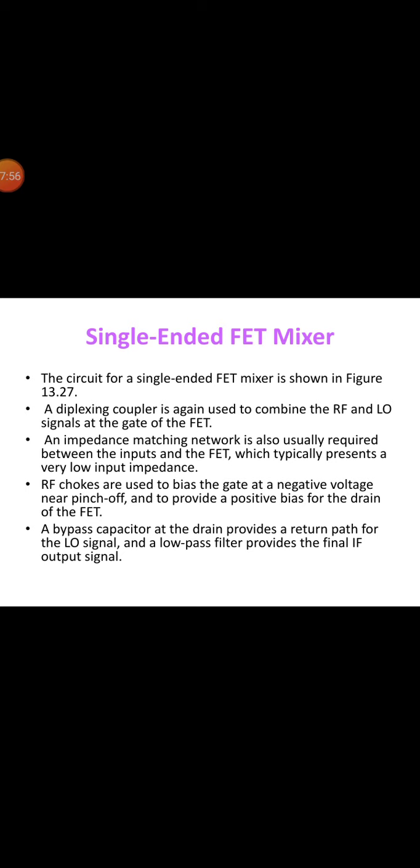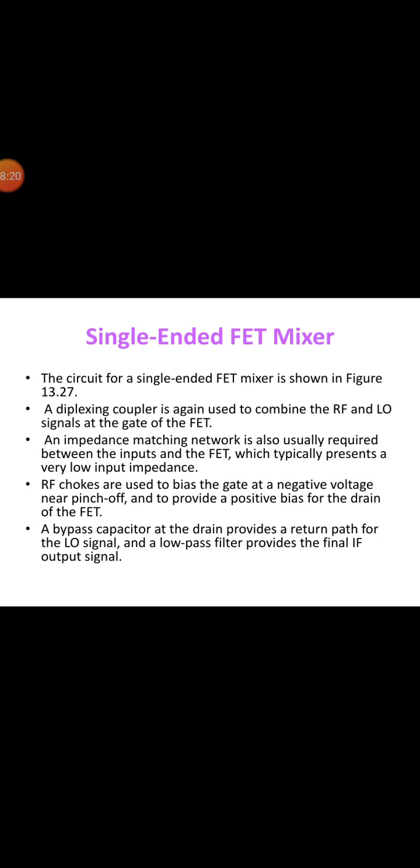Since the FET transconductance is driven by the LO signal, its time variation can be expressed as a Fourier series in harmonics of the LO. g of t can be written as G0 plus 2 times the sum from n equals 1 to infinity of Gn cos n omega 0 t. Because we do not have an explicit formula for the transconductance, we cannot calculate the Fourier coefficients directly, but must rely on measurements.